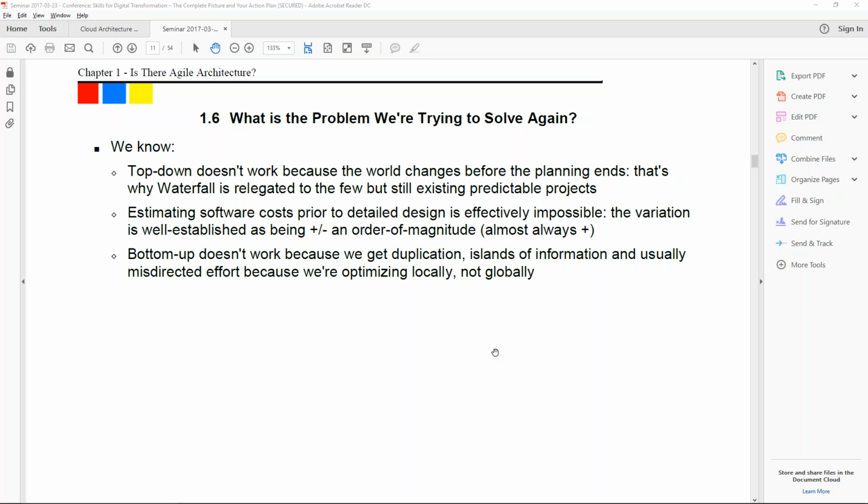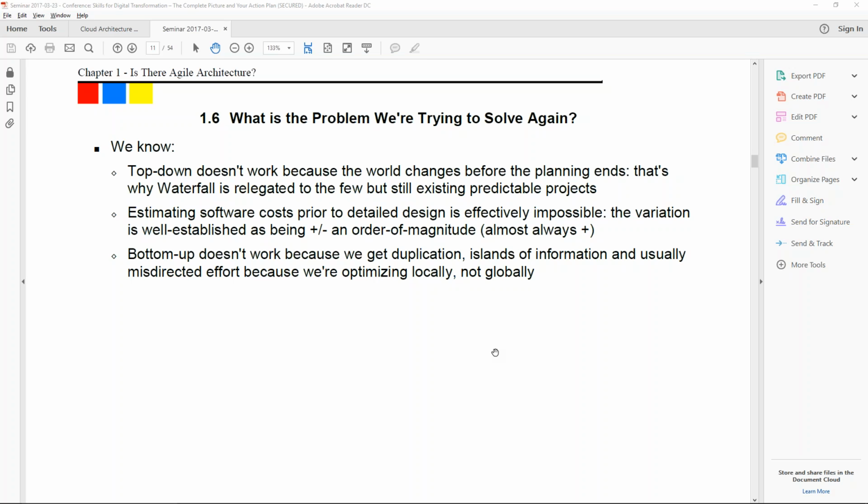In general, Waterfall has been used more for larger projects recently, and more smaller projects are drifting in the direction of Agile. Estimation is a mess. Variation is plus or minus an order of magnitude on early estimates. And so we don't tend to be able to do very good estimation.